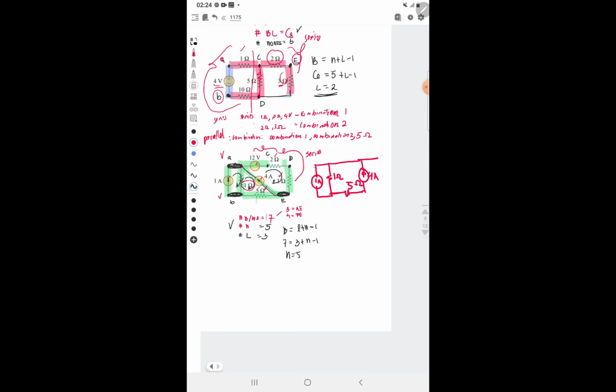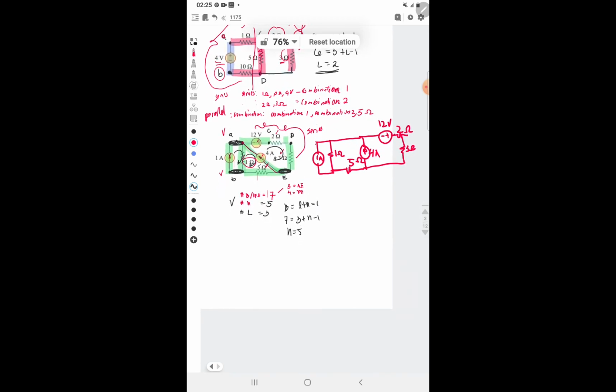Tapos yung ating negative, positive 12 volts, and then yung ating 2 ohm, then yung ating 3 ohm. Okay, so ito yung kamukha ng circuit na yan.